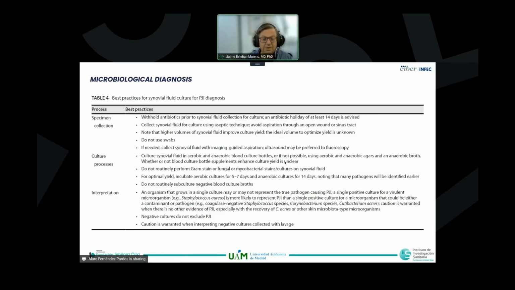A negative culture does not exclude prosthetic joint infection. This is also very important.